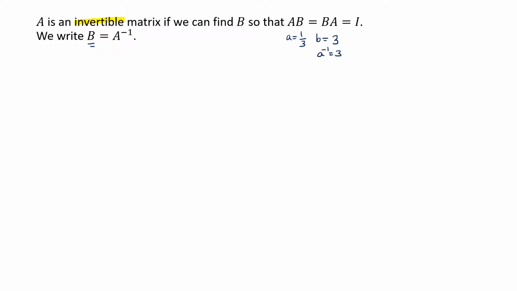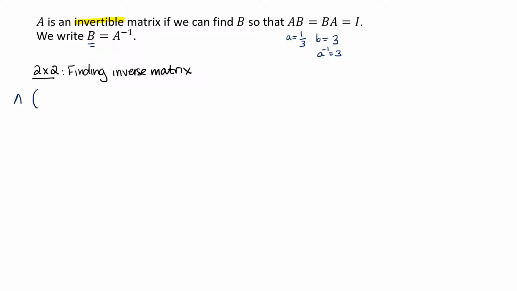All right, we're going to look at how to build these inverse matrices in the 2x2 case. There are a couple of strategies to use. We're going to start with just a formula.